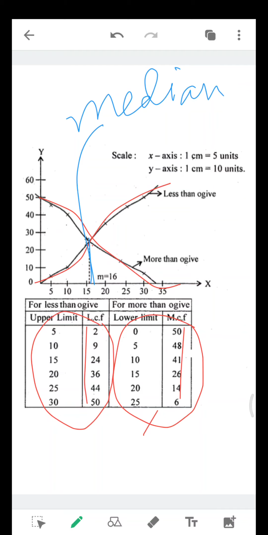Median can be found using the formula L plus (n by 2 minus Cf) by f into h, and median can also be found from the graphs, from the ogives. So you drop a perpendicular from the point of intersection of the ogives, and that is meeting at around 16 approximately. So you can say the median of this data is 16.